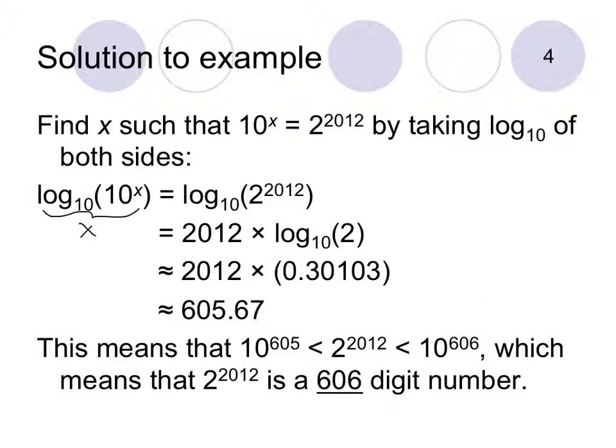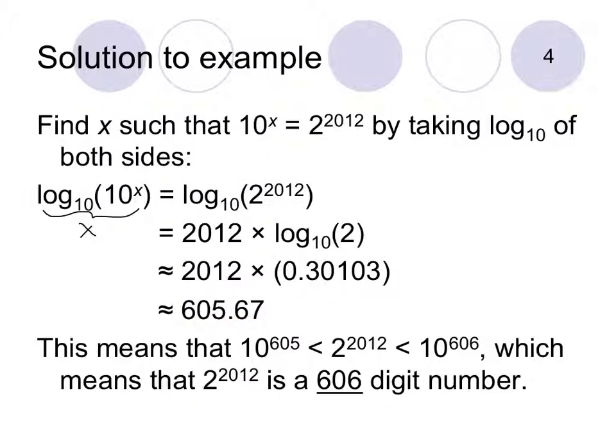The rule for exponents we just talked about said that this 2012 can be pulled outside of the log, so instead of the log of 2 to the 2012 we have 2012 times log of 2. Log base 10 of 2 is very easy to calculate. That's just the LOG button on most calculators. That's approximately 0.30103. If you multiply 2012 times that, we get 605.67.